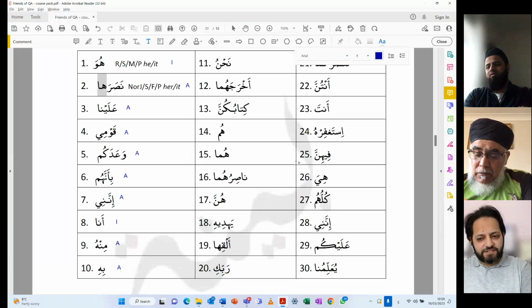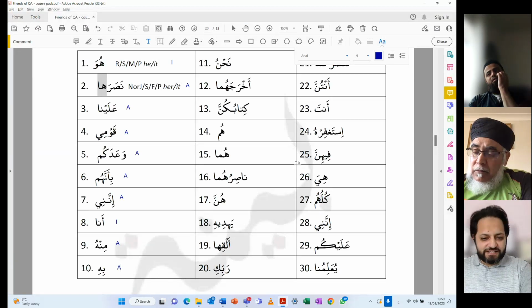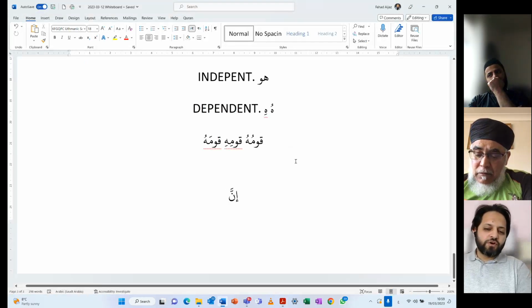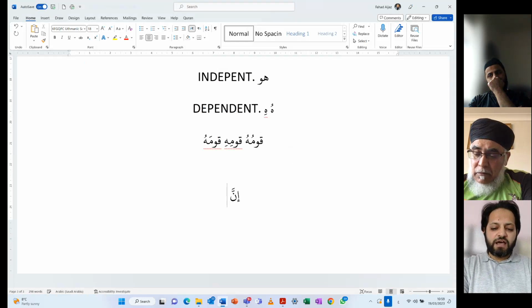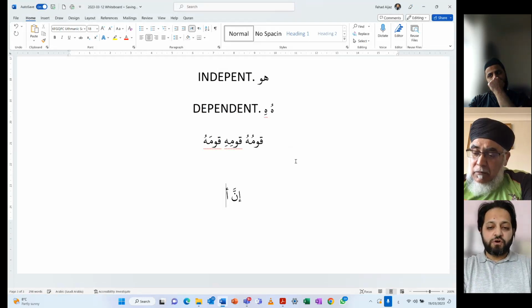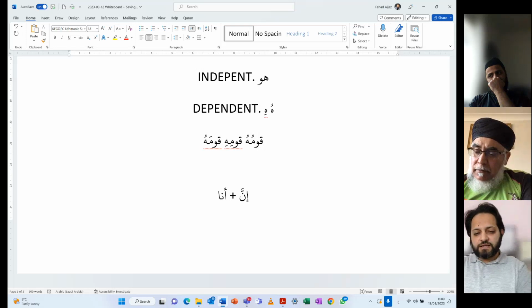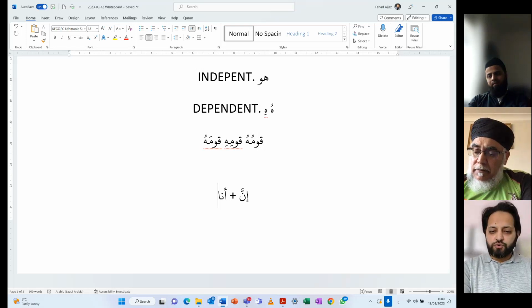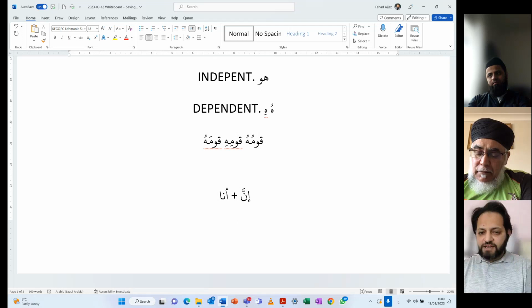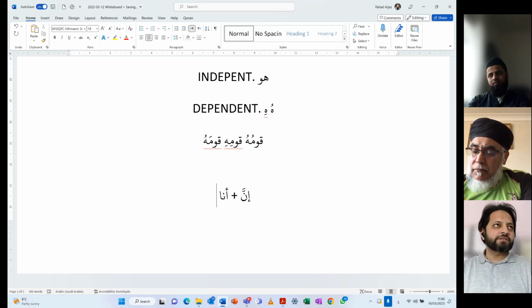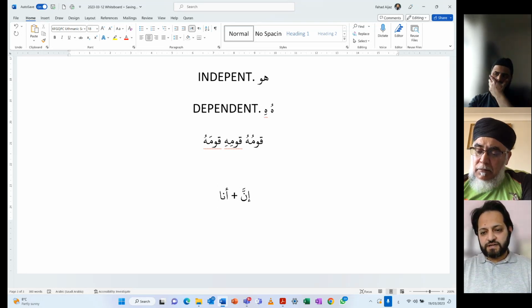No, that's not the reason why you chose nasab. The reason is different. What you have is inna, and then you have to attach the version of ana with it. Inna is a harf, and it's a harf that makes the next word nasab. That's its characteristic.